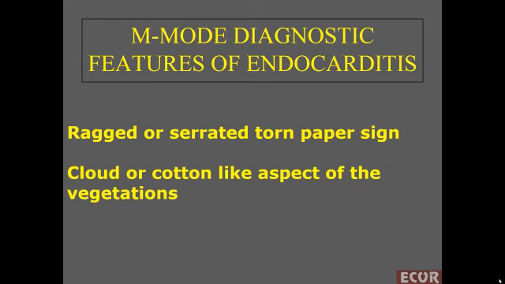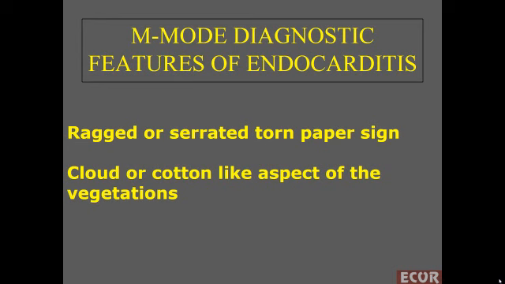I am referring to the characteristic aspect of the vegetations on M-mode. Due to M-mode's better time resolution, it's possible to demonstrate the rugged surface of the vegetations, even very small ones not yet seen by 2D. This is the so-called ragged or serrated torn paper sign.